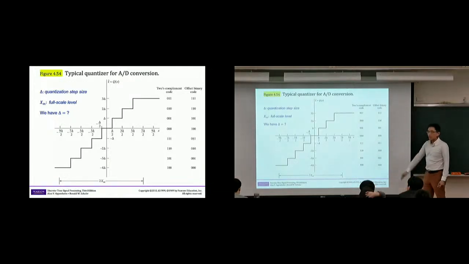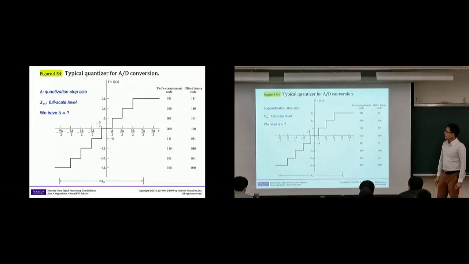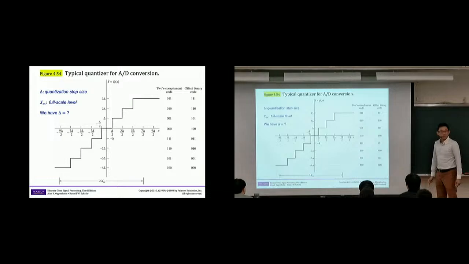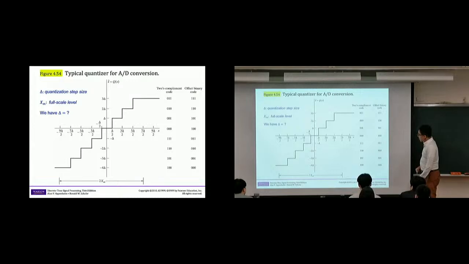So 8 levels, with a quantization step size delta, and we are going to represent the output as an integer multiple of delta. 8 different levels, from minus 4 delta to 3 delta. So far, so good?